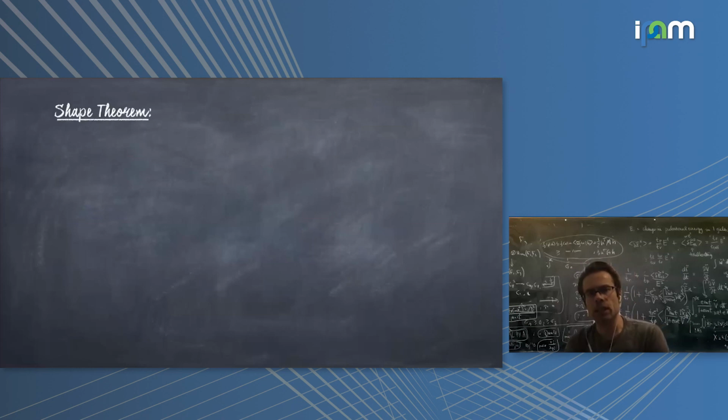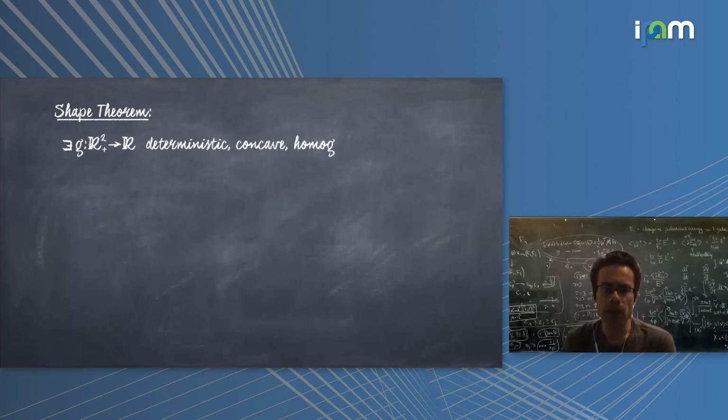Okay, so the first thing in studying these things is a law of large numbers, what we call the shape theorem. This is sort of like homogenizing the solution to the Hamilton-Jacobi equation. The theorem says that there exists a function g that happens to be deterministic.